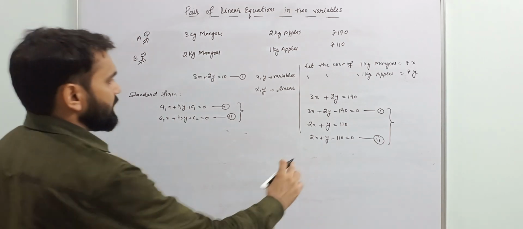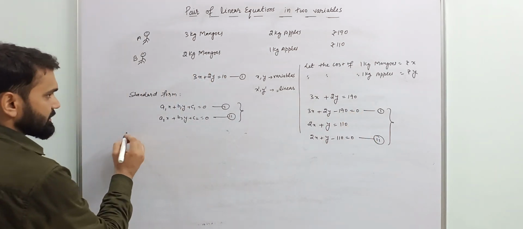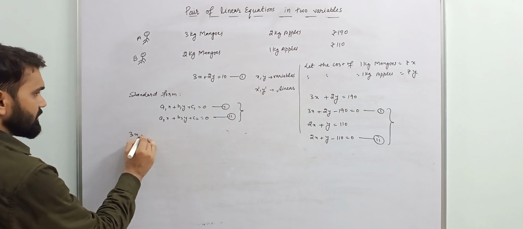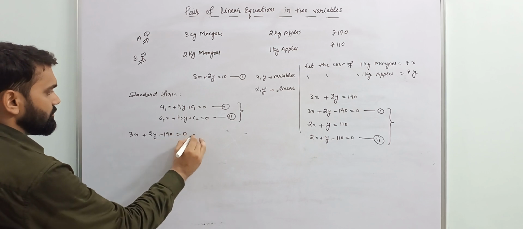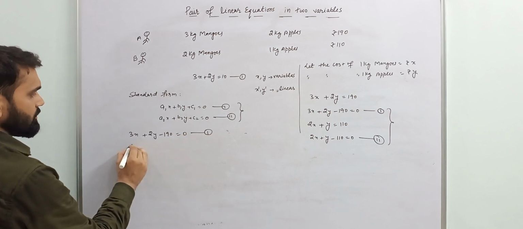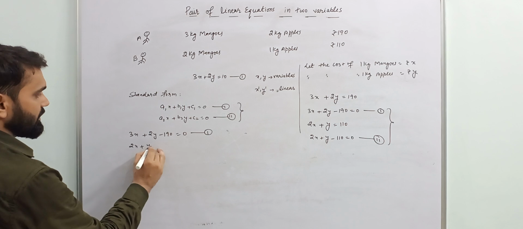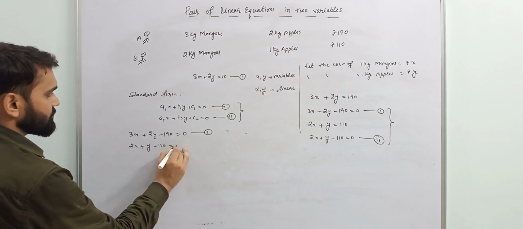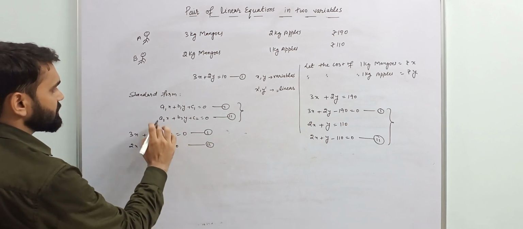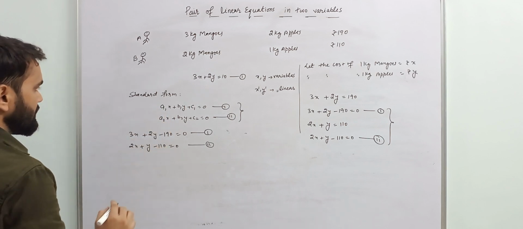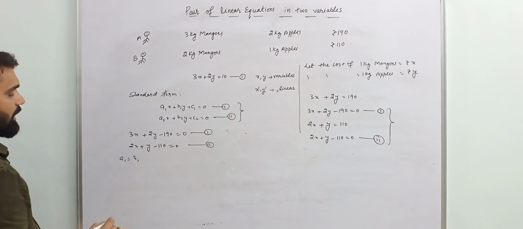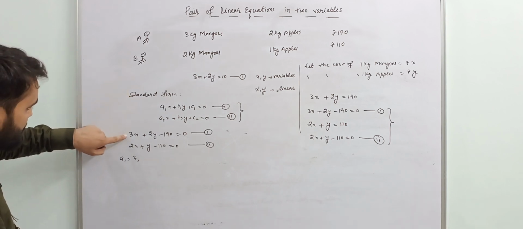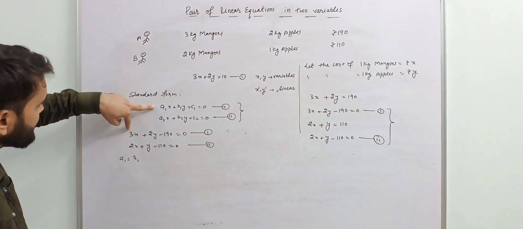Okay, so we have two equations. Let us rewrite here: 3x plus 2y minus 190 equal to 0 and 2x plus y minus 110 equal to 0. On comparing with the standard equation, I am comparing the first equation with the first standard equation.